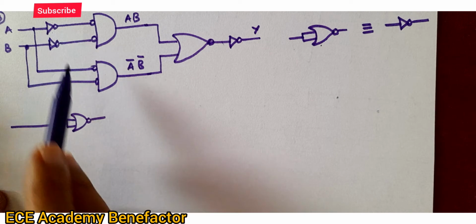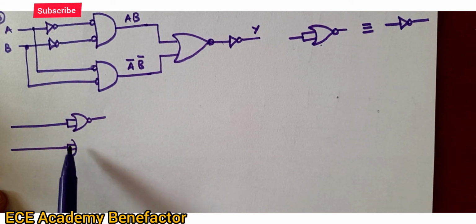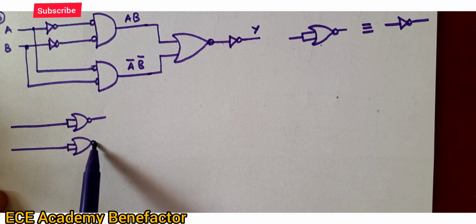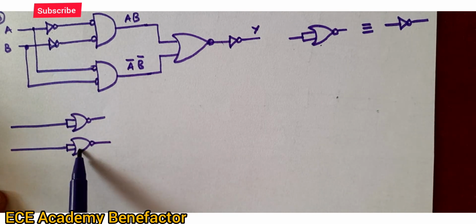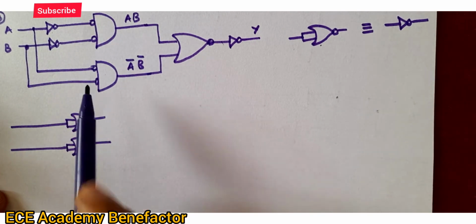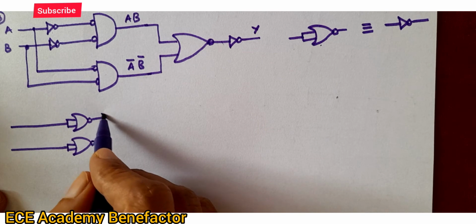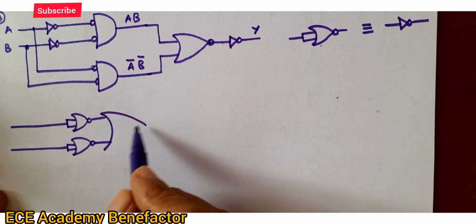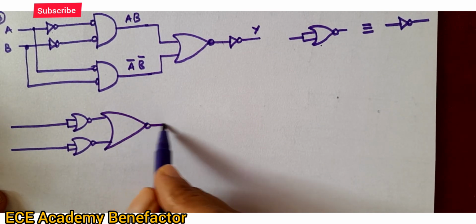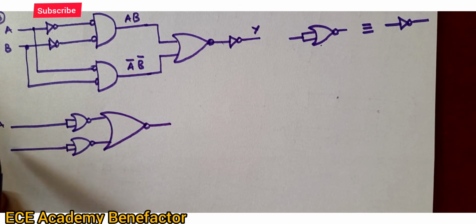So this is first NOT gate. Okay. This is second NOT gate using NOR gate, and then given to this gate. And what is bubbled AND gate? Bubbled AND gate is equal to NOR gate by De Morgan's theorem. So you are replacing it by a NOR gate. This is input A, this is input B.